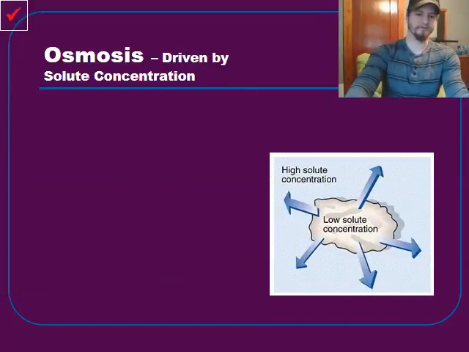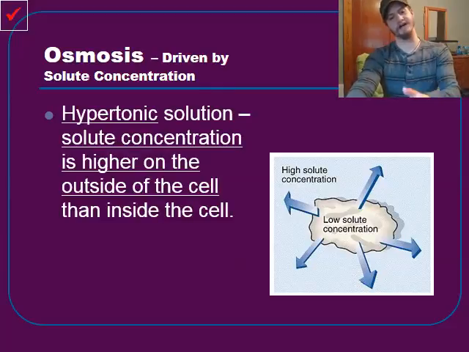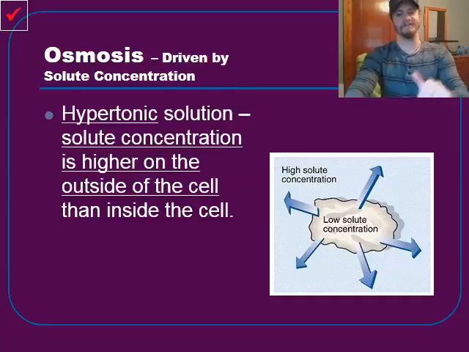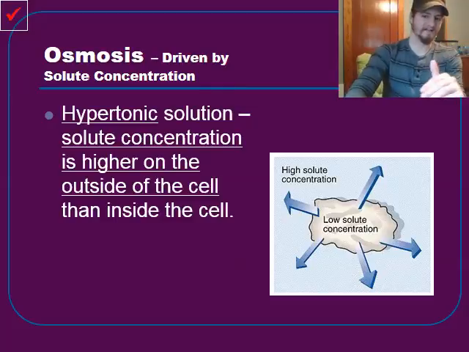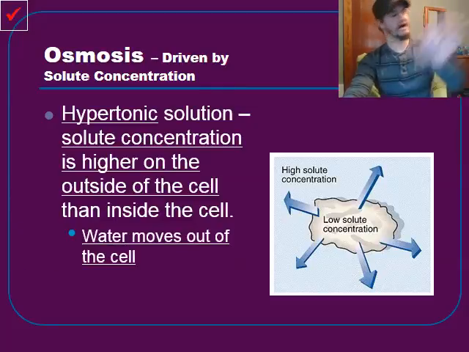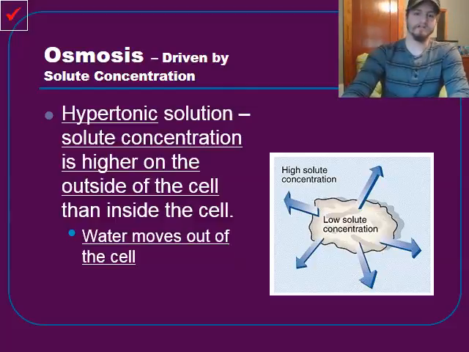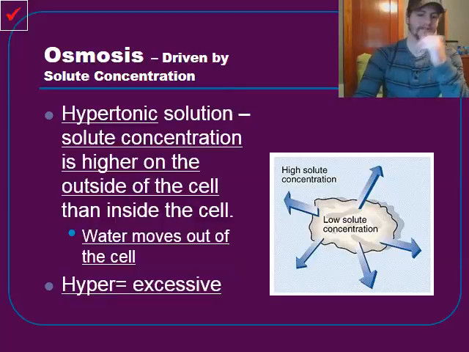On the other end of the spectrum, we have hypertonic. A hypertonic solution is where the solute concentration is higher on the outside of the cell than the inside. So what that means is that we have more water on the inside of the cell than we do the outside. So what's going to happen is the water is going to rush out of the cell, causing the cell to shrivel up. Hyper means excessive.